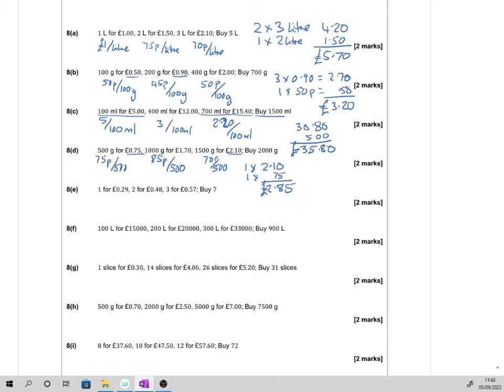So this is 29 pence each. This is half of that is £24 each, and a third of that is 19 pence each.